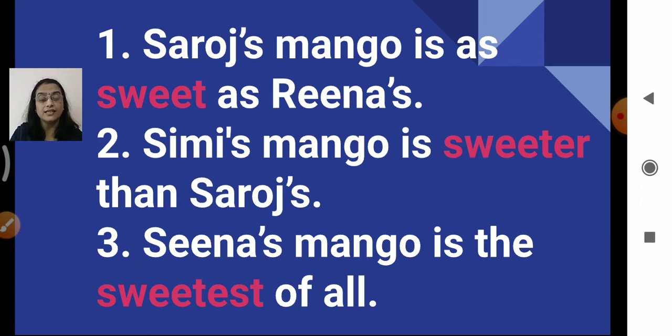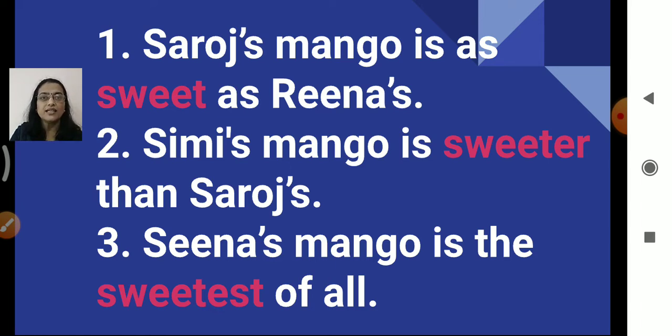And the third sentence, Sina's mango is the sweetest of all. Now you can see the highlighted words, sweet, sweeter, sweetest, right? So sweet is the actual word, but it changed into sweeter. Then in the third sentence, it changed to sweetest, isn't it? The same word is there, but you added something to it, right?